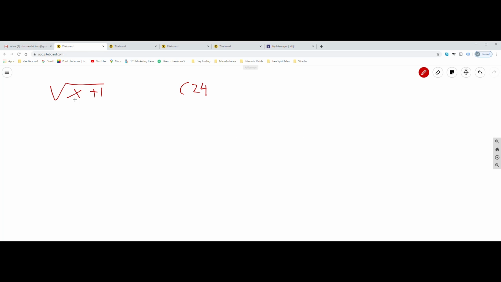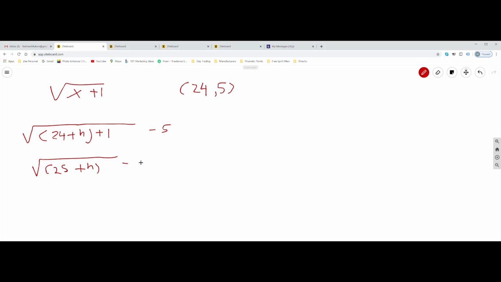So if we put 24, the square root of 25 is 5, so we have these points. So we have square root of 25 plus h minus 5.